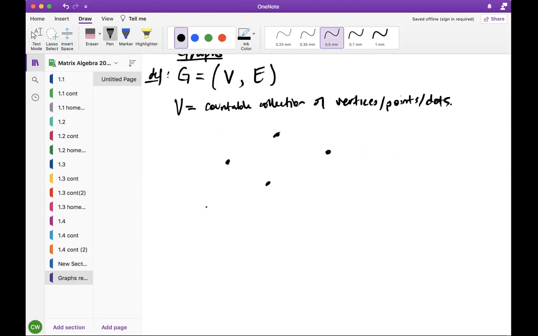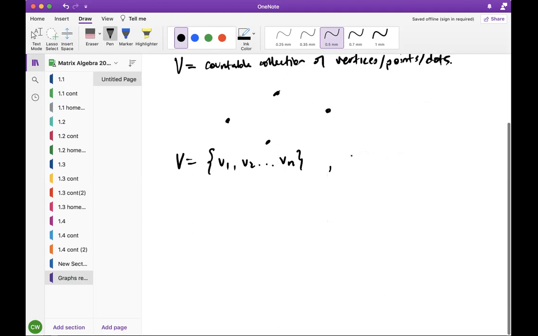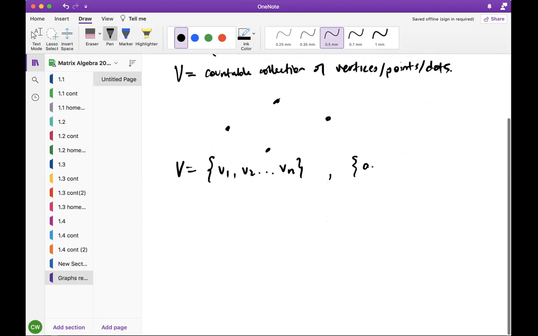Usually, for our sake, they'll be finite. So we might write our vertex set like v1, v2 to vn, or if you know exactly how many vertices you have, you might just use A, B, C, something like that.